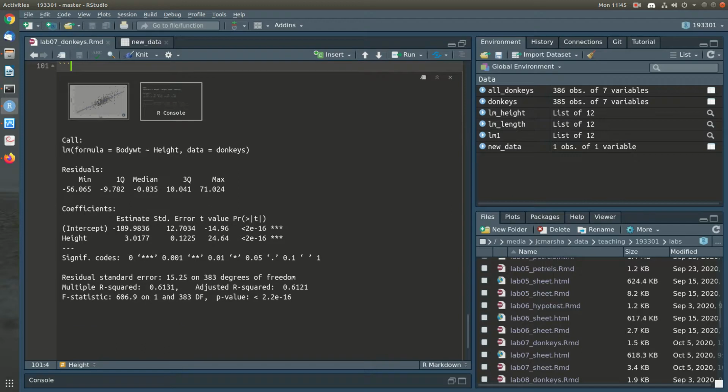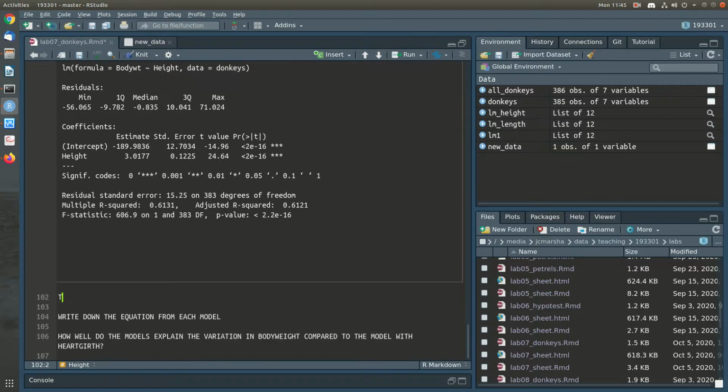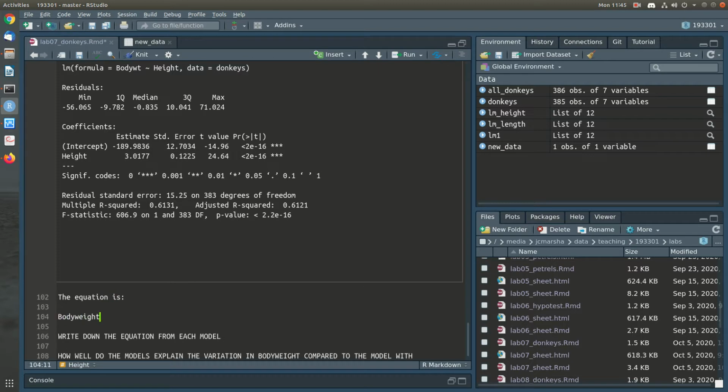Okay, so the equation is going to be body weight is equal to minus 189.9, so minus 190 plus 3 times height. This model explains around 61% of the variation in body weight. So height's a little bit better than length is.